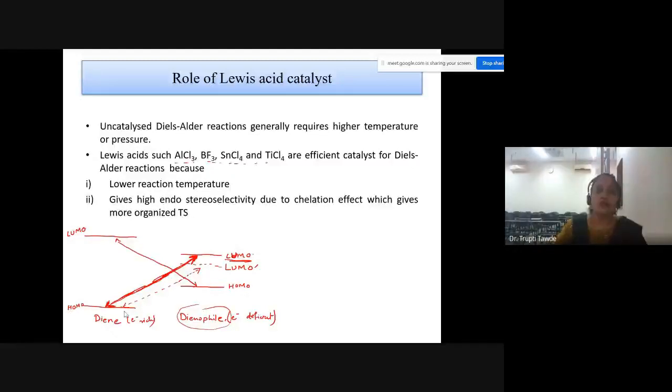And when we use this Lewis acid catalyst, it allows the reaction to be carried out at a lower reaction temperature and gives high endo stereoselectivity because of the chelating effect. Of course, the metals in these Lewis acid catalysts can form a coordinate bond, so it forms chelation, giving a chelation effect and more organized transition states.